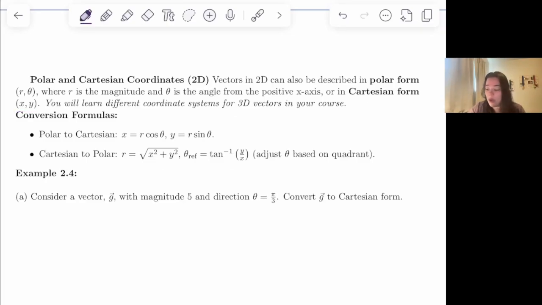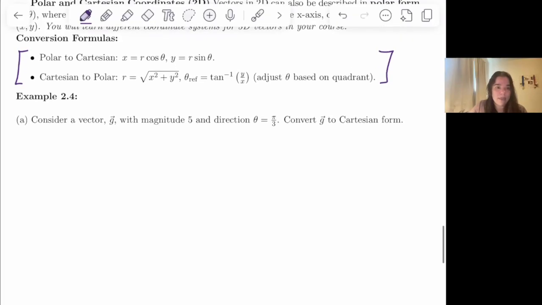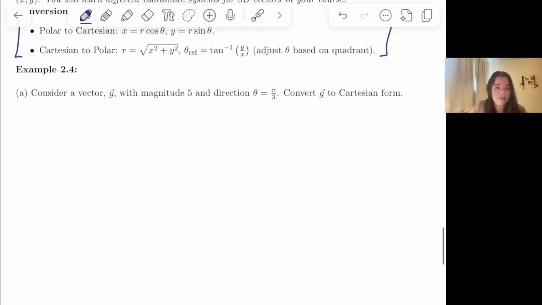A quick recap on some of the conversion factors on how you convert between polar and Cartesian. I didn't put all the conversion factors up here. Just a reminder though on how to calculate x and y and going from Cartesian to polar. Again, this is something you should have seen in a trig class or a pre-calculus class. And we'll go through some examples to hopefully refresh your mind about it. So example 2.4, consider vector g with a given magnitude.